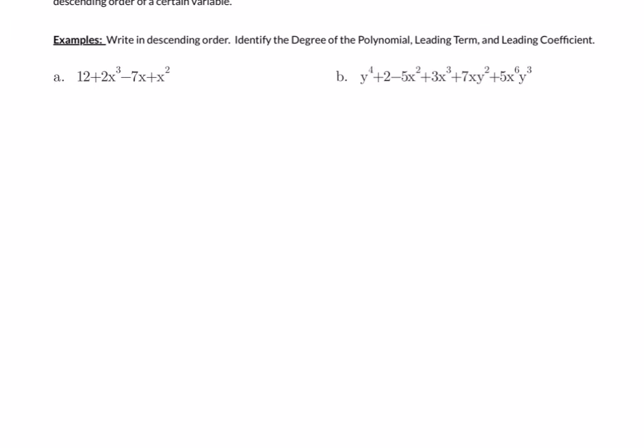My largest exponent is the x cubed. So this is going to be my first term. So we get 2x cubed. And we decrease from there. My next largest exponent is my x squared. So we're going to get 2x cubed plus x squared.